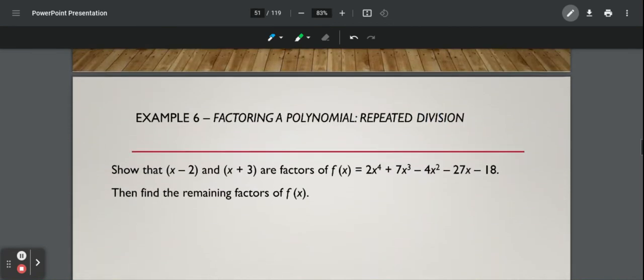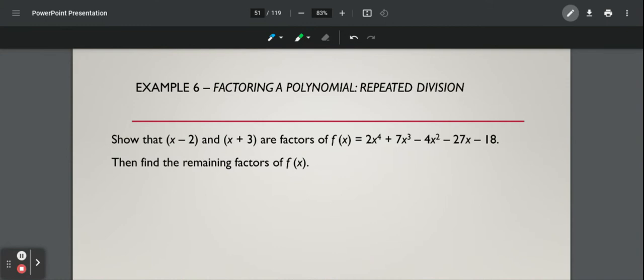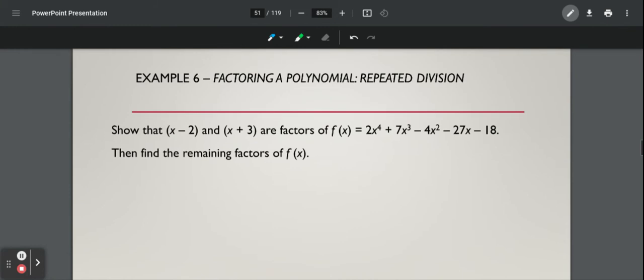So if we have to show in this example that x minus 2 and x plus 3 are factors, we're going to use that remainder theorem, or that factor theorem. If we have x minus 2, that means we're plugging in +2, and x plus 3 would mean -3. It's almost like the number that you're putting on the shelf for synthetic division.